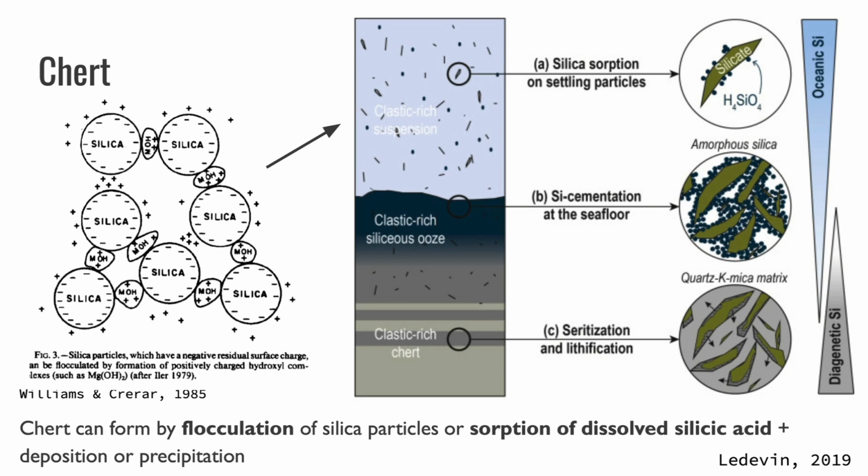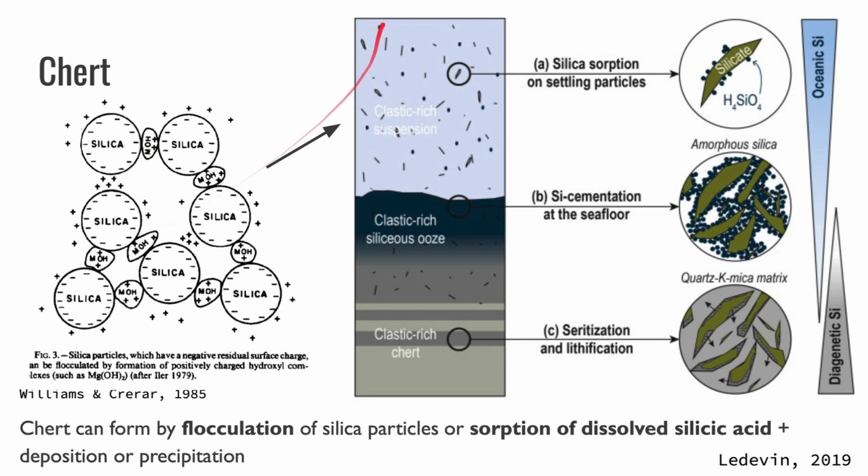So primary chemical chert formation, when it's not necessarily diatoms or sponge spicules that the silica is coming from, these form when dissolved silica particles flocculate, which is what you see over here on the left, where these are bonding together in solution. So the silica particles will flocculate with the aid of positively charged hydroxyl complexes. So you see these OHs.